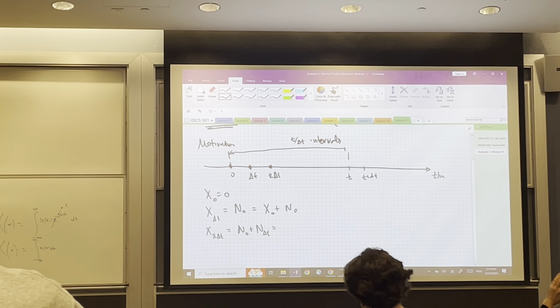Processes for which their increments over non-overlapping intervals are independent are called independent increment processes. And they are very useful in modeling. Have you seen any other process with the independent increment property? The Poisson. The number of arrivals here and there are independent random variables, right? So these are called independent increment processes.